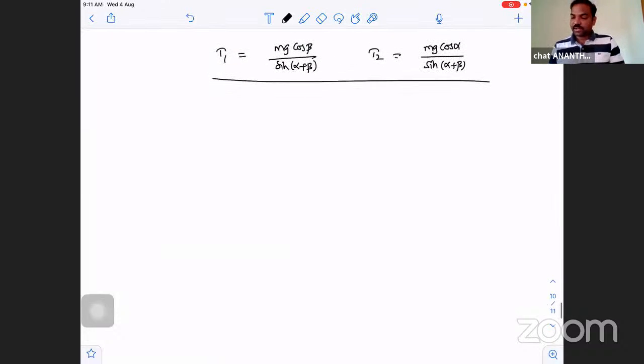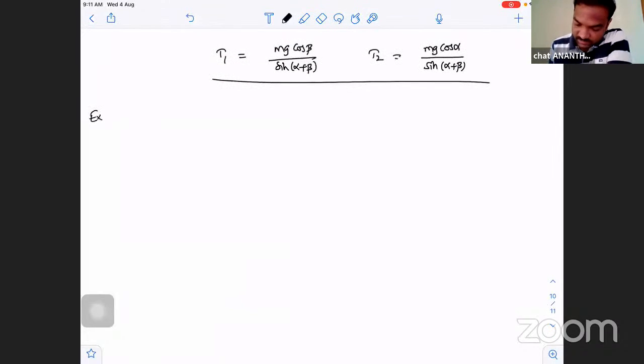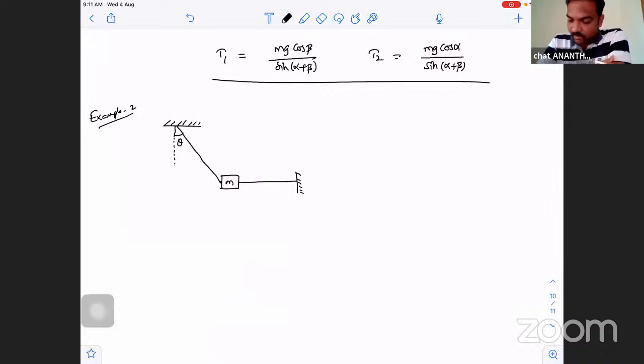Now all of you try to solve this. So next question. There is a block of mass m tied horizontally.